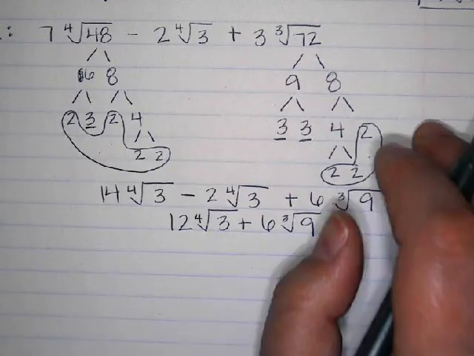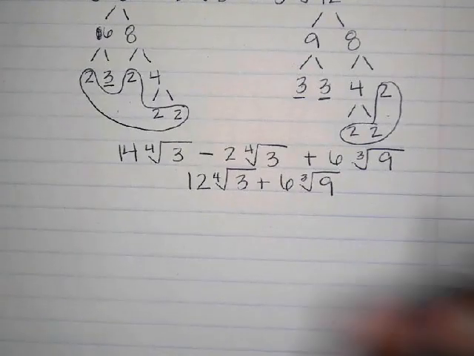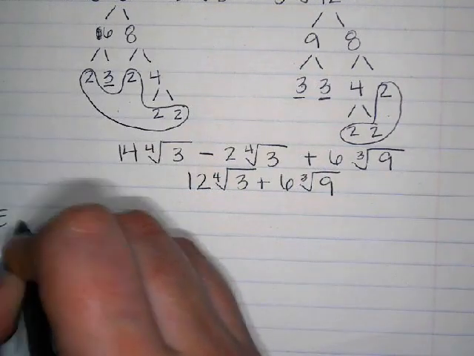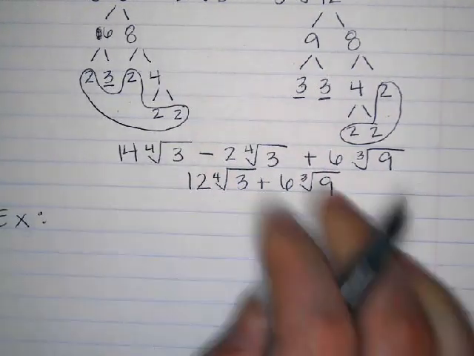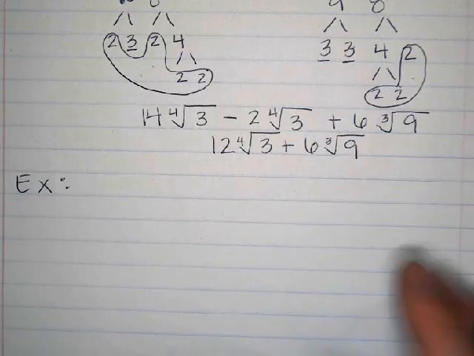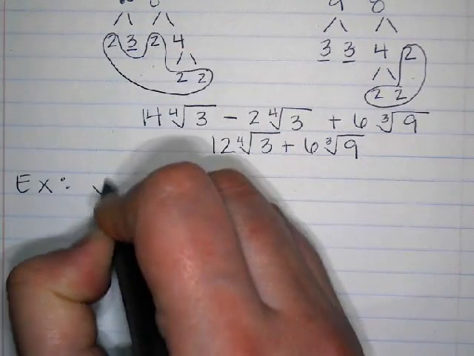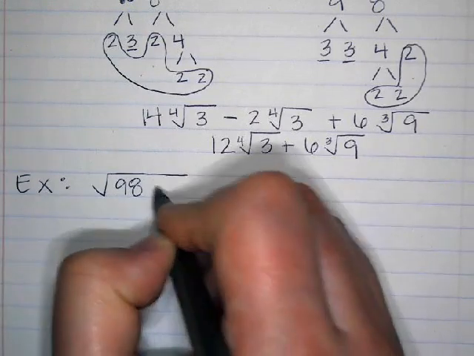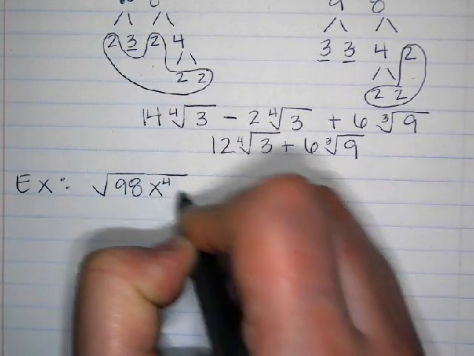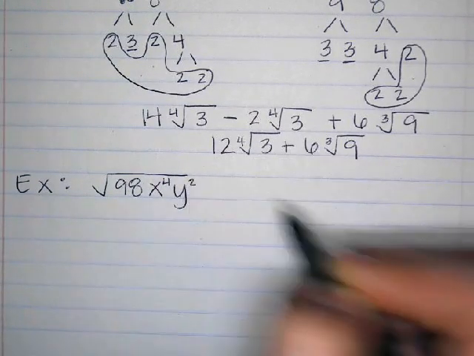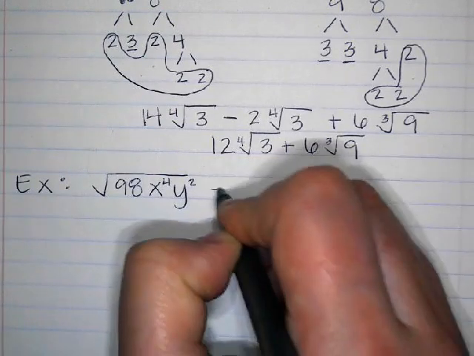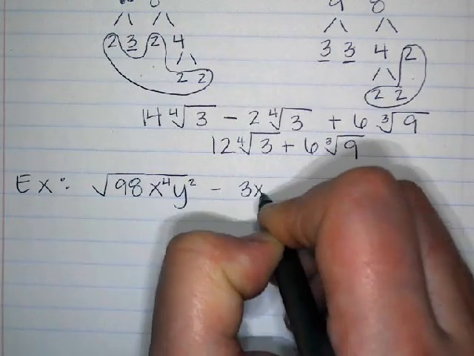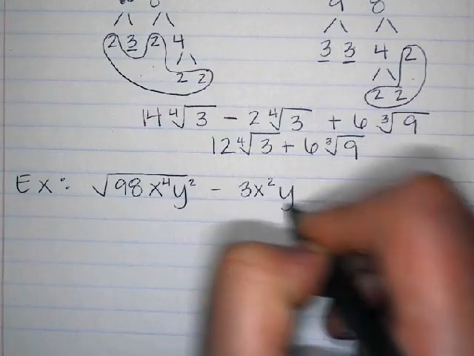Okay, let's do one that looks real funky. Square root of 98 x to the 4th y squared minus 3x squared y root 2.